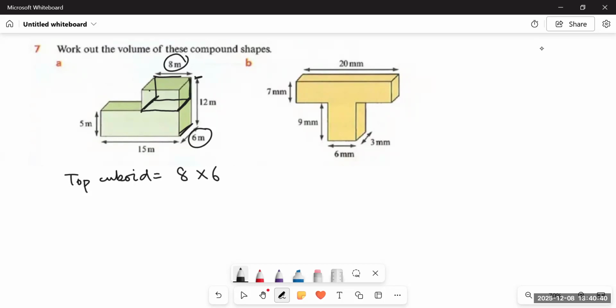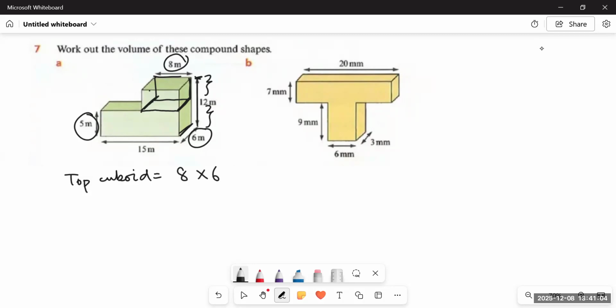Since the height from top to bottom is 12 and it's split into two parts, this one and this one. Some part is included in the top cuboid and the other part is included in the bottom part. So if we talk about the bottom part, it's given here. That is, the height of the bottom part is 5 meters and the total height from the bottom to top is 12 meters.